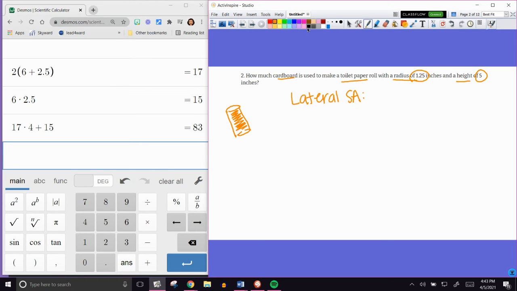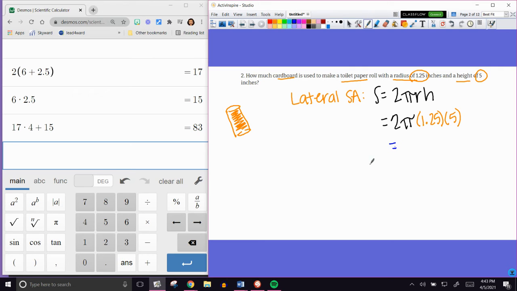So that means I will be using S equals 2 pi r h. So 2 times pi. My problem tells me that my radius is 1.25 and my height is 5.